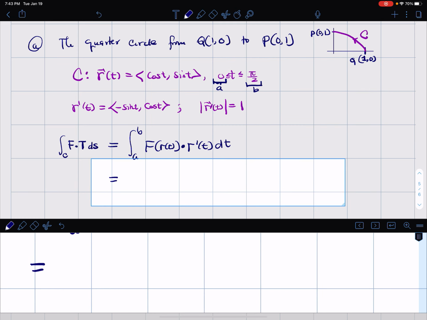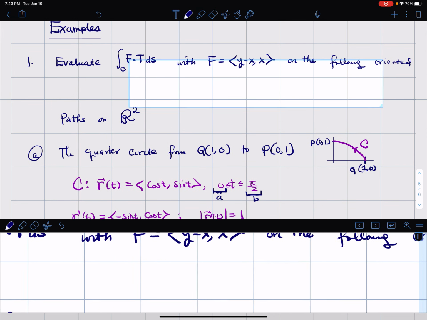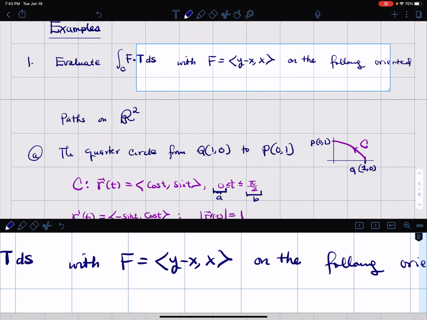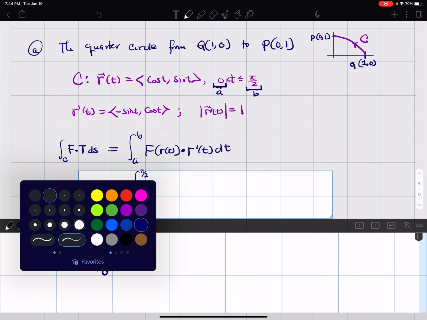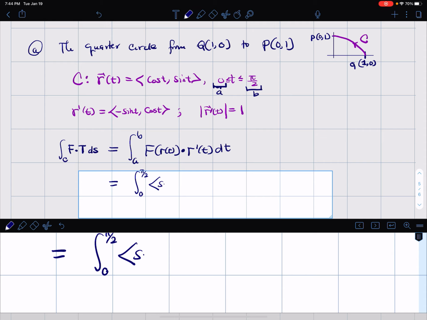So when we plug in everything, we have the integral from 0 to pi over 2 of f of r of t. What is f? f is this function. When we plug in sine of t for y and cosine of t for x, what do we get? We end up with sine t minus cosine t, and then cosine t.